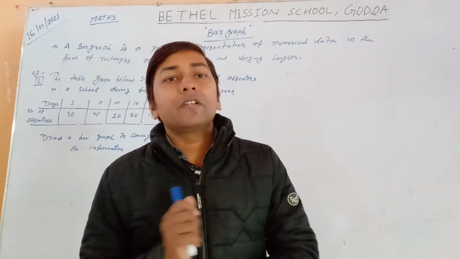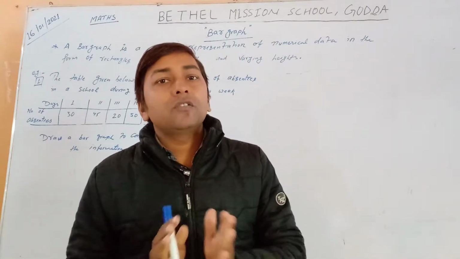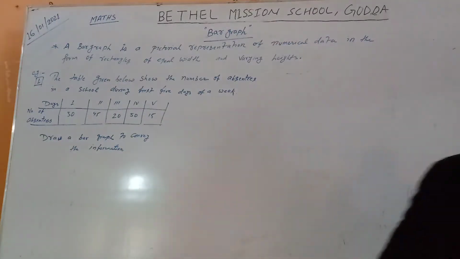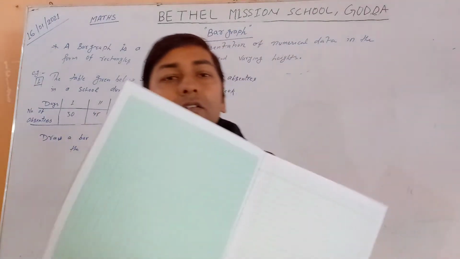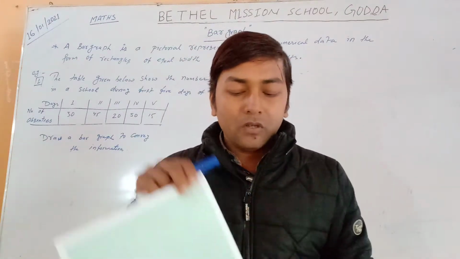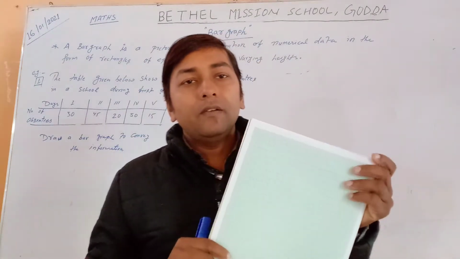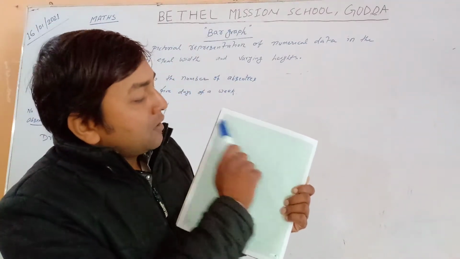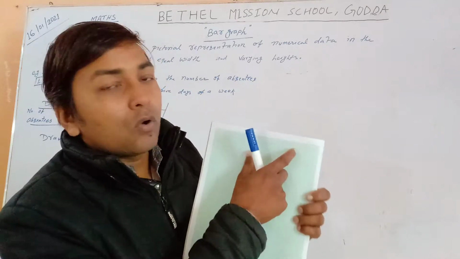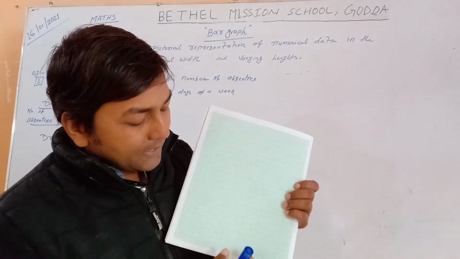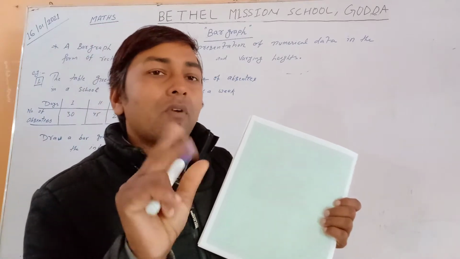So how can you represent? So first you have to take graph paper. This is known as the graph paper. Okay, so you will see that here there are some columns and there are some rows also, and each part is divided into equal squares.